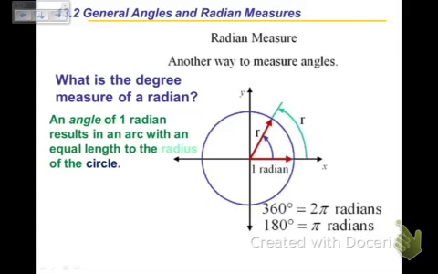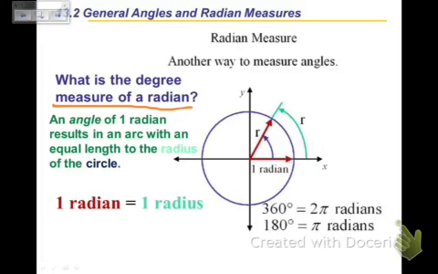Another way to do this is in radian measurements. What is a degree measure of a radian? 1 radian results in an arc with a length equal to the radius of a circle. Looking at this graph, the radius of this circle is this distance right here, from the middle to the outside. 1 radian is the same as that distance.